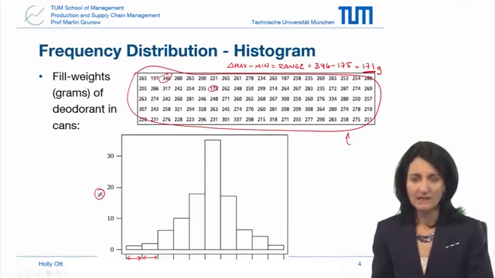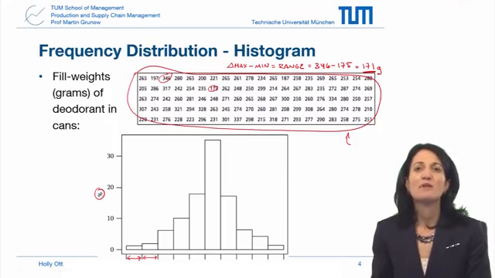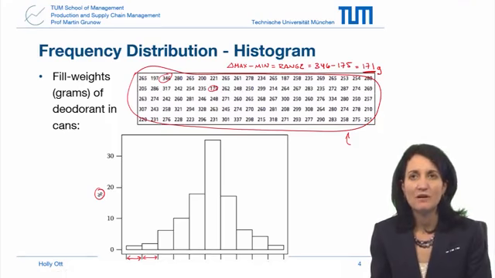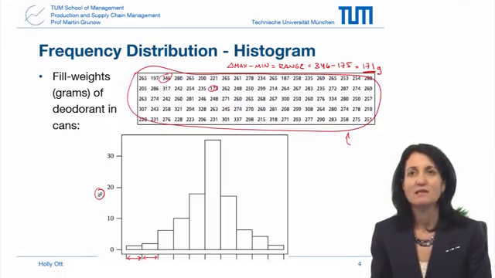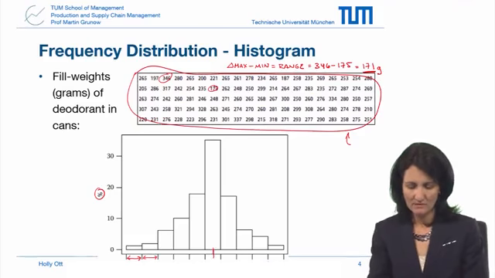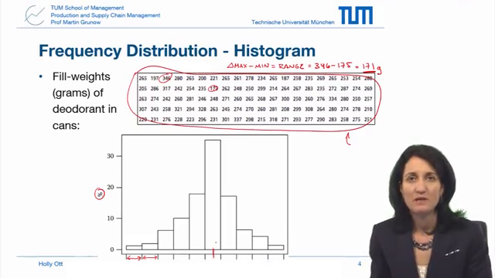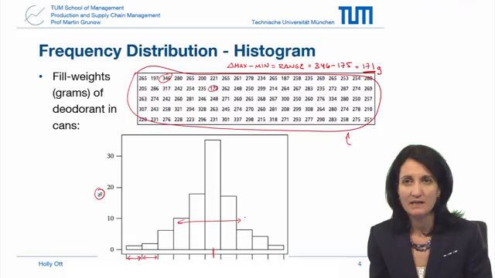Now, looking at this data, we can learn quite a bit about our population by studying the histogram. The histogram can give us an idea as to where on the x-axis, which central point, the population is distributed. So here we would say roughly around 270. It gives us an idea of the variation of the data.